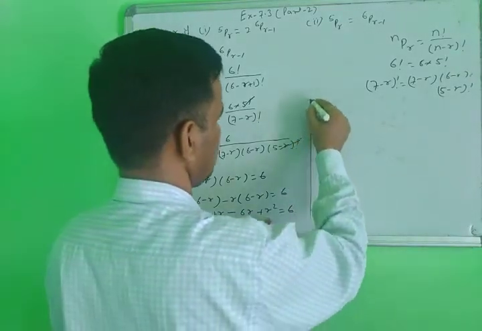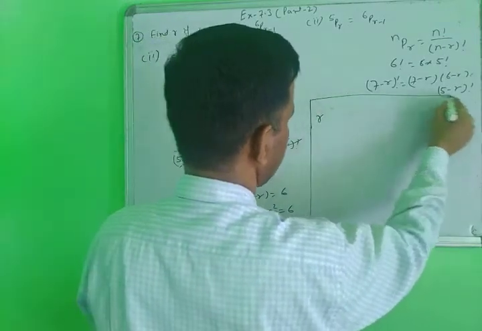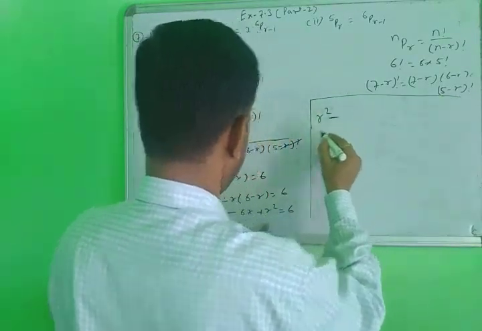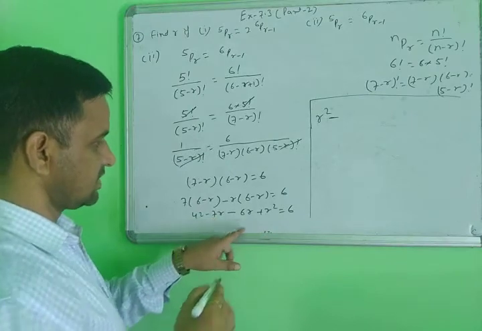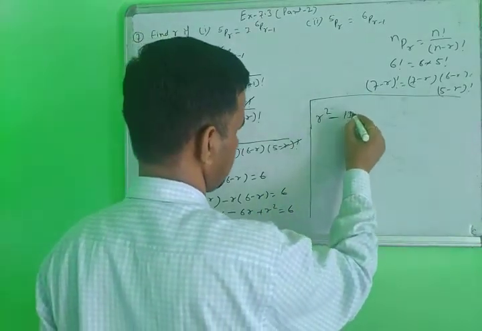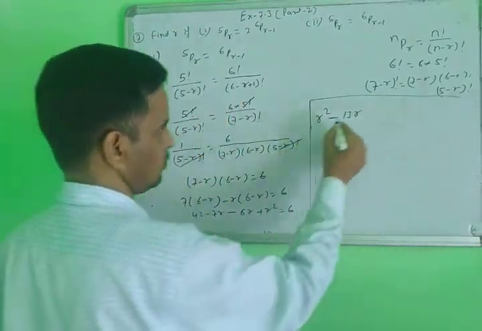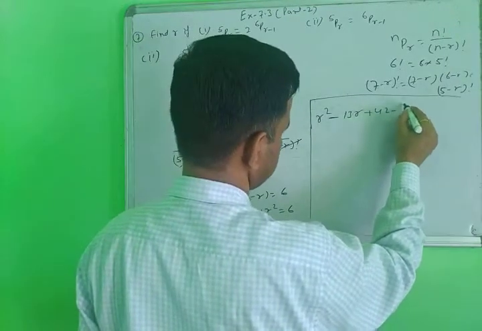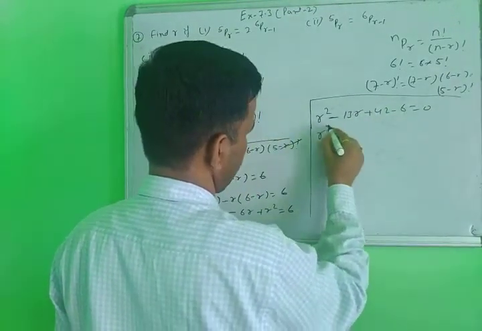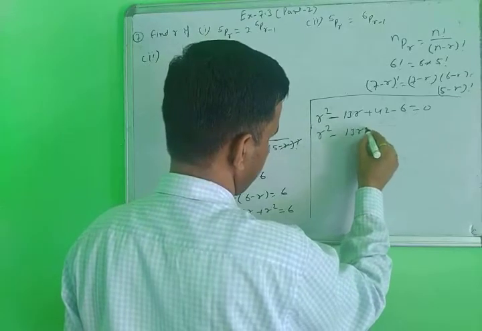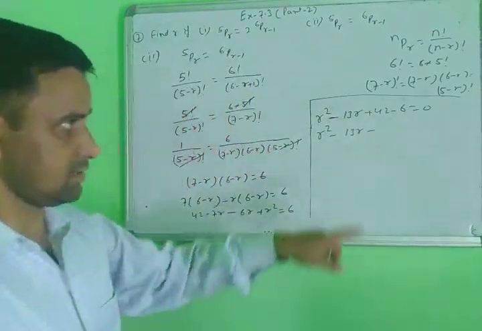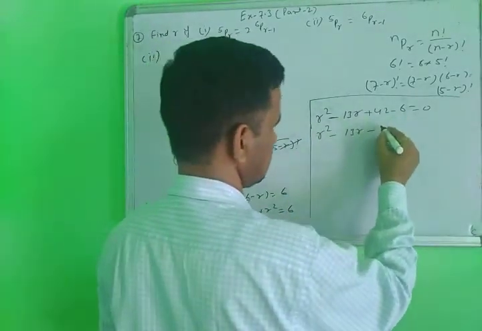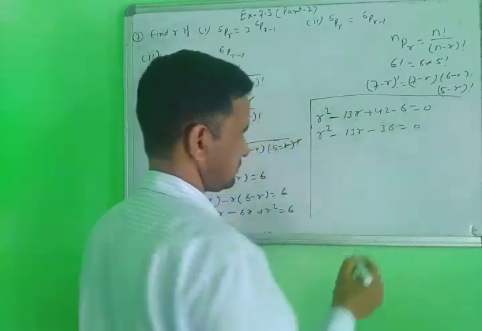So r square, 7r 6r, minus 13r, and 42 minus 6 equal to 0. r square minus 13r, subtract it, 42 minus 6, 36, equal to 0.